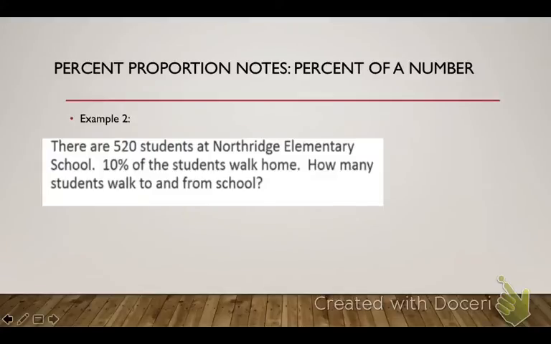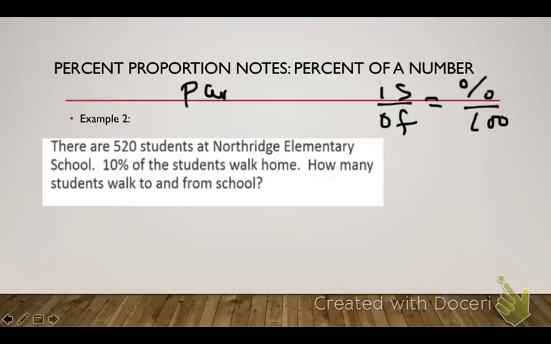All right. Now, remember, we have is over of equals percent over 100. Another way to look at it is this: part to whole. Well, let's see. I have percent.